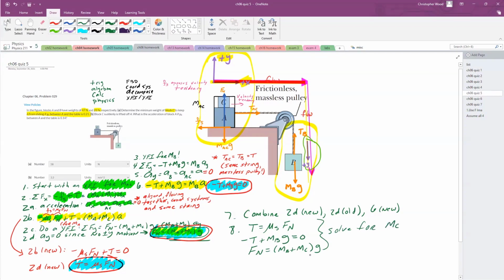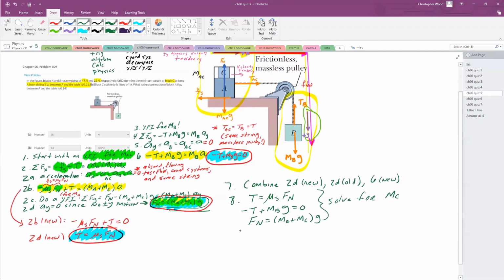And then once you solve for MC, you're going to do step number 9, convert MC to weight, because they're looking for a weight, which means weight equals MC times G. So let's get an answer for the mass of C.